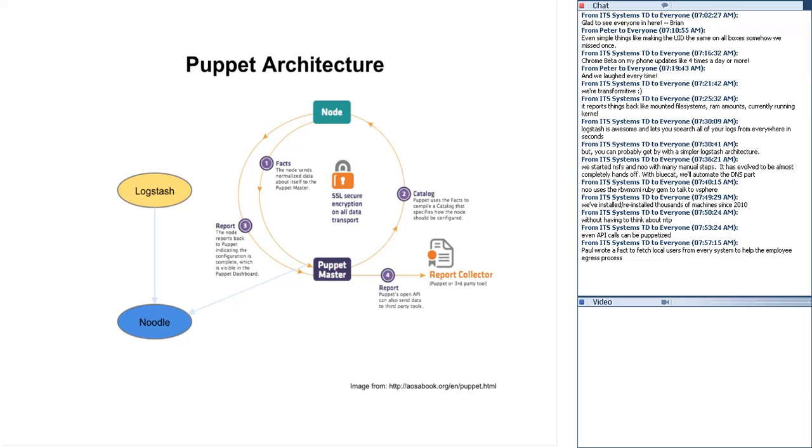So it was very easy to go get this data from Puppet and put it into Noodle. So it's a good example of how tools that are extensible and have APIs make your life easy. Similarly, with Logstash, it's fairly easy to create an input. So I made one that just reads data from Noodle, and that's how we got those dashboards that you saw towards the beginning.